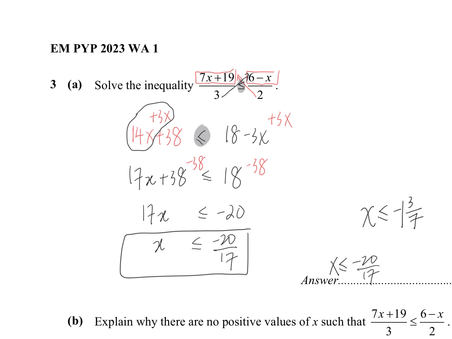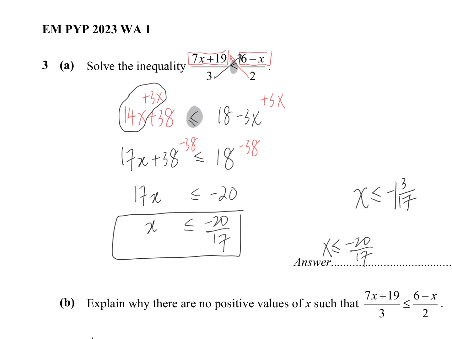Try not to round off to 3SF because this is exact. Just leave it as it is. Try to leave it in mixed number.